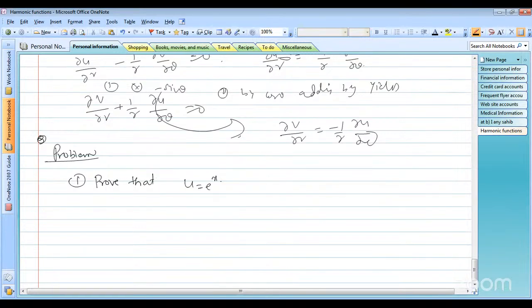u is equal to e^x (x sin y minus y cos y). First, show that it is harmonic.